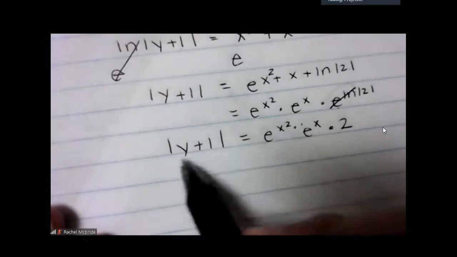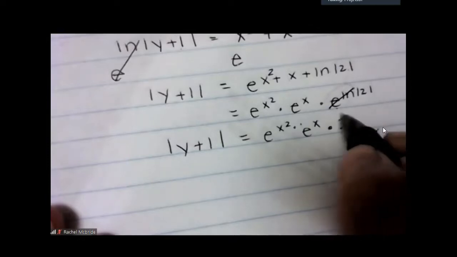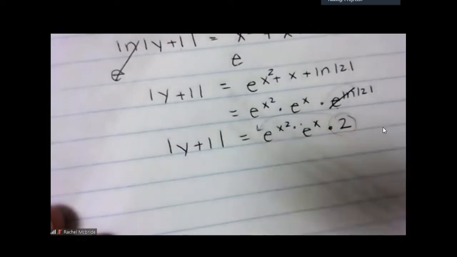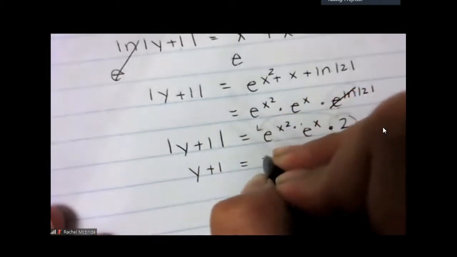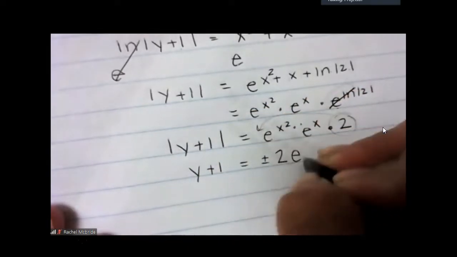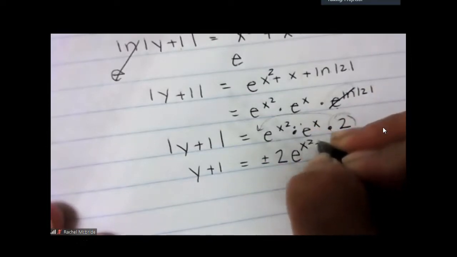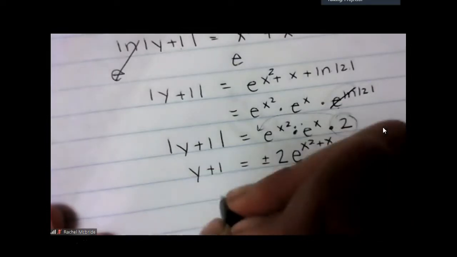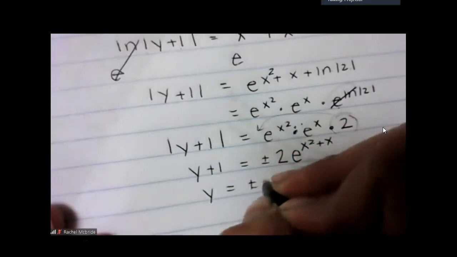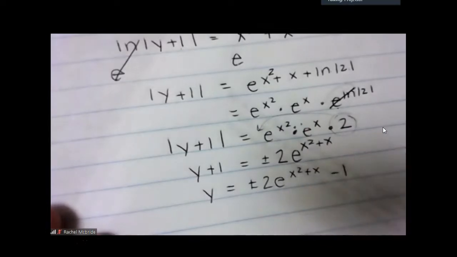To get rid of absolute values, you take plus or minus to both sides. We like to rearrange our terms so the number is out in front. So you get y plus 1 equals plus or minus 2e, and we're never going to leave two e's in there, so we go back to adding our exponents and then isolating y by subtracting the 1 from both sides.